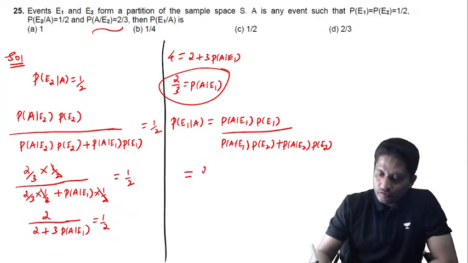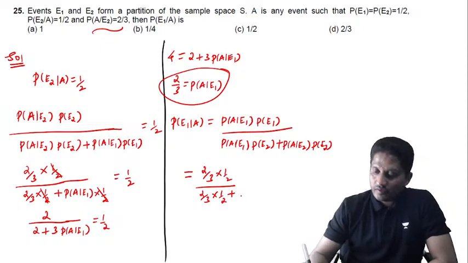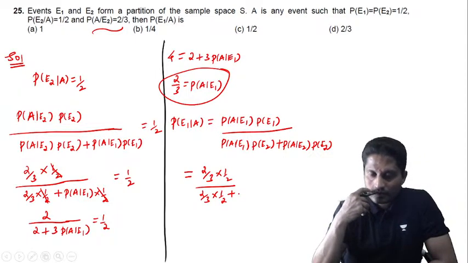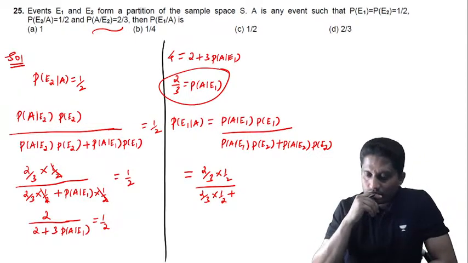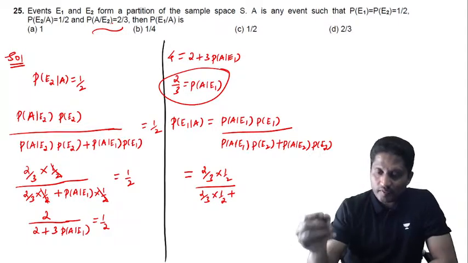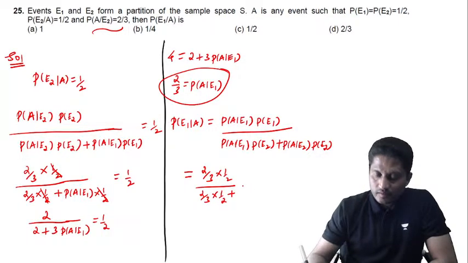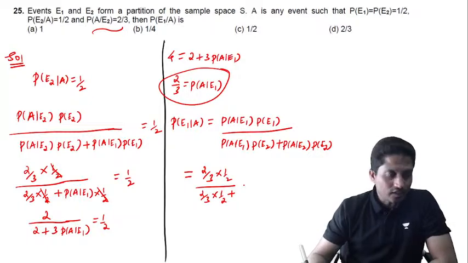A given E1 is 2 by 3, P of E1 is 1 by 2. Again this is 2 by 3 and 1 by 2. A given E2, okay, A given E2 is 2 by 3, right? Yeah, that is 2 by 3.